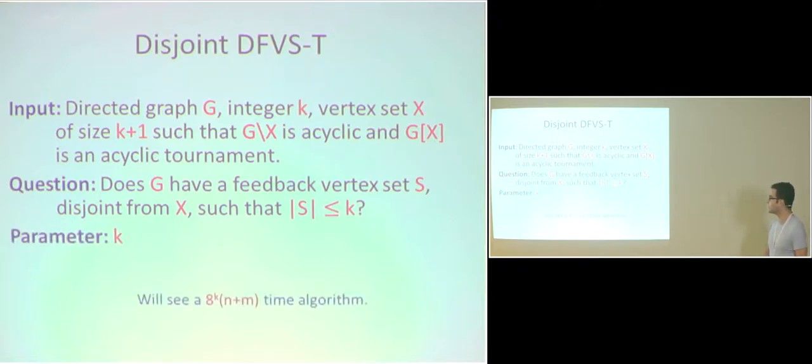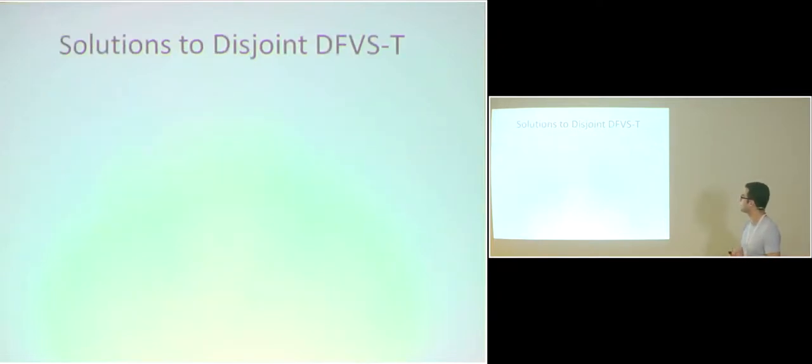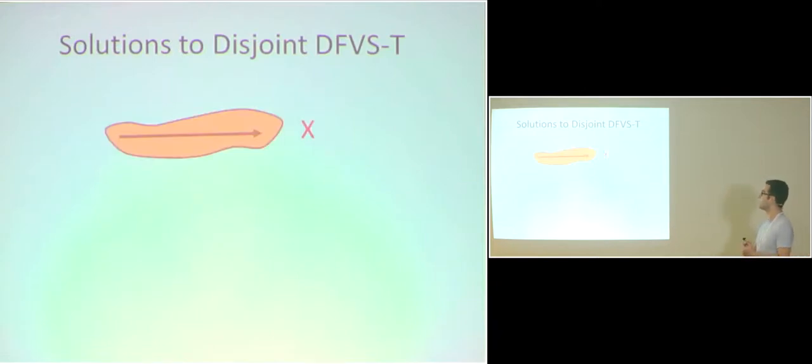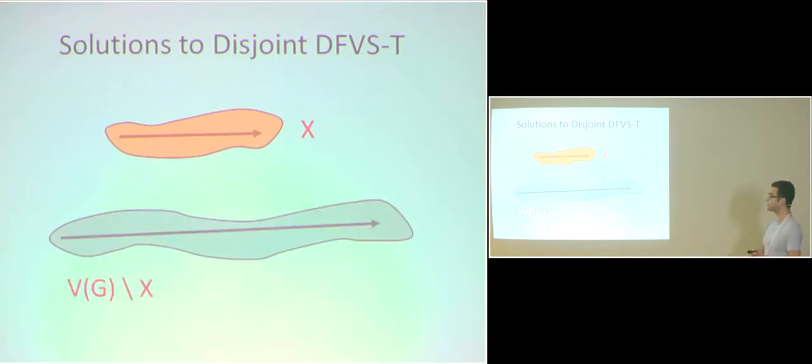We will see an 8 to the k algorithm for this problem, which then will conclude the algorithm for feedback vertex sets. So what do solutions to disjoint directed feedback vertex set T look like? We know that X is an acyclic tournament with a unique topological ordering, and the rest is just some DAG with its own topological ordering.